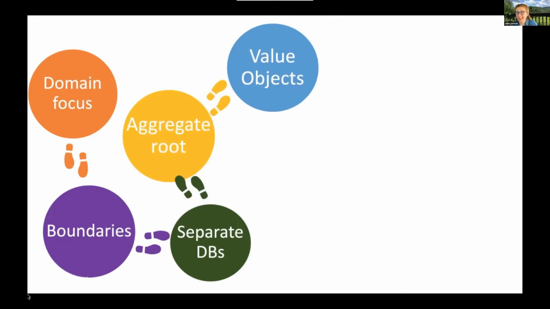Again, I finally was like, oh, I get it about aggregates and aggregate roots. But aggregates also contain value objects, and value objects were probably one of the hardest things for me to understand about domain-driven design.